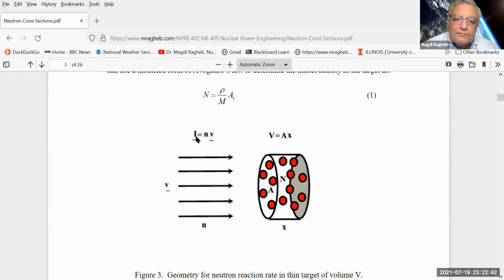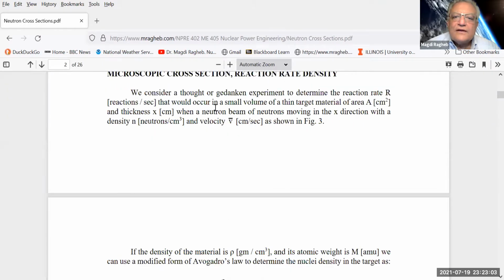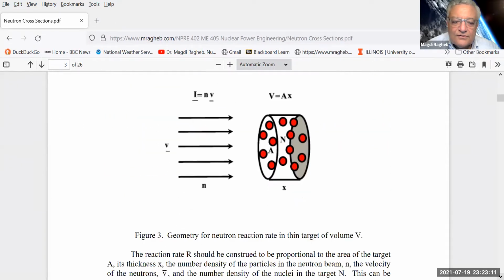So let us have that beam of neutrons here with that density small n interact with the target that has a particle density or nuclei density of capital N. And what we are going to try to do is seek to get an expression for the reaction rate density as a step of basically calculating the power generation that the neutrons would generate for us in any material.